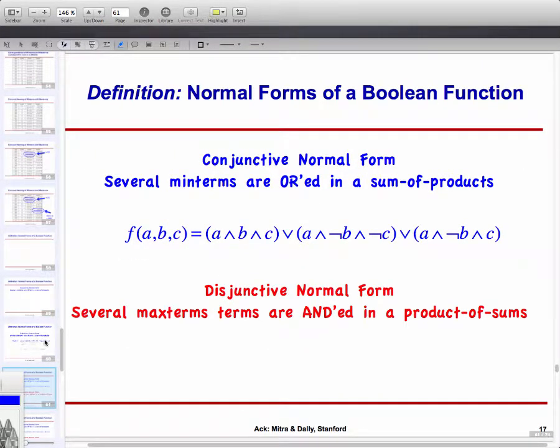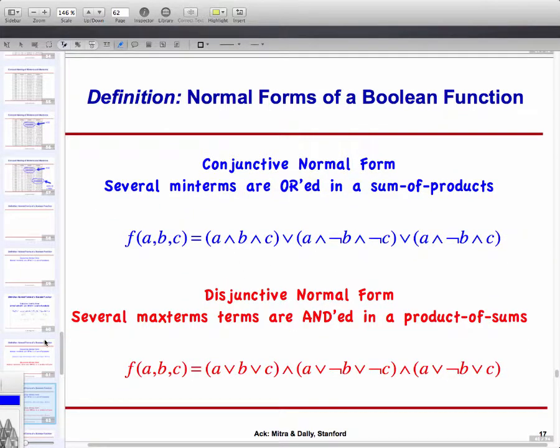Disjunctive normal form is its counterpart, where we take several max terms and we AND them together. So an example out here of F of A, B, C is that now I have taken several max terms, each one of these things in parentheses out here. This is a max term, this is a max term, this is a max term.